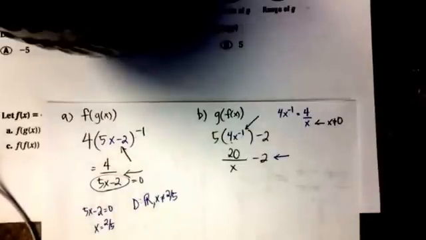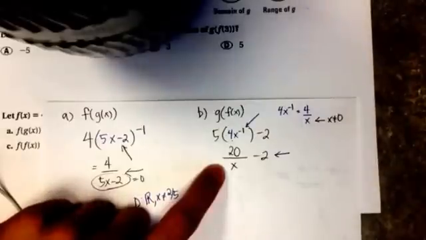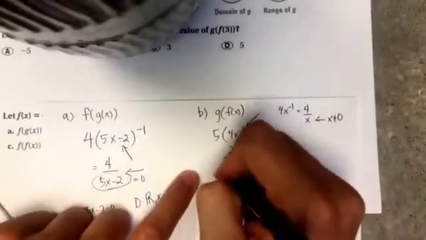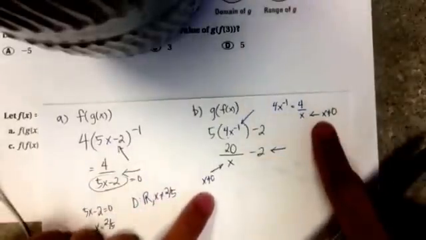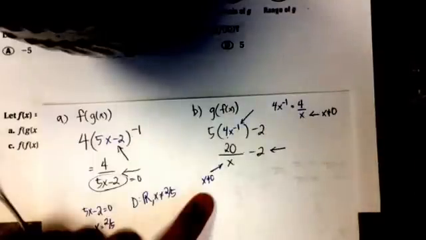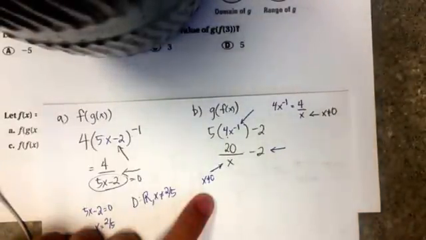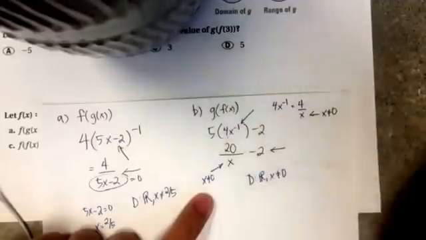Any positive number will work. 0 will not work. When I come down to my composition down here, does this add any more numbers that don't work? The answer is no. We still have that 0 doesn't work. So they're in agreement. 0 doesn't work. Everything else will. I can plug in any positive value I want. I can plug in any negative value I want. And I'm going to get a y value as the answer. So we would say that our domain was everything except an x value of 0.